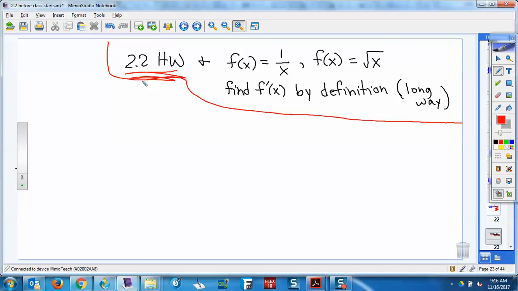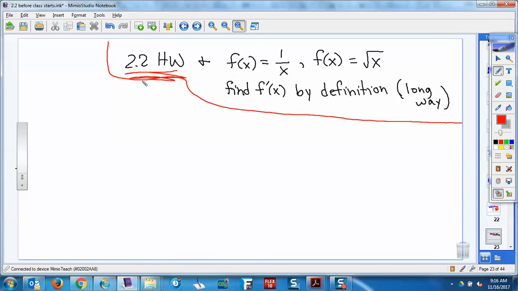Okay? Yes? You're saying whenever those come up in the homework, you do them along the way? No, these aren't going to come up in the homework. These are separate. So, two homework questions. I don't think there's any in those homework questions that tell you to do it the long way. There's some questions about rotation. There's several questions that say find a formula for f prime.